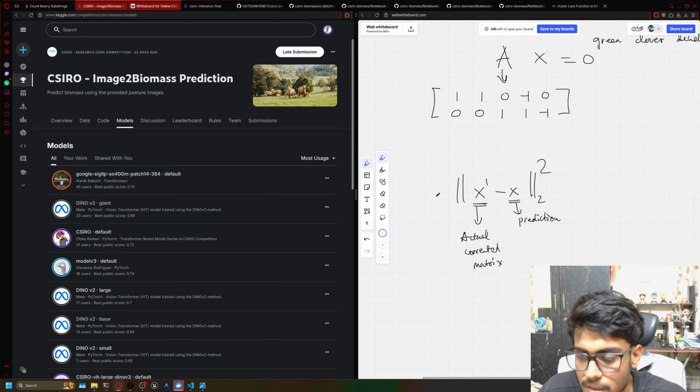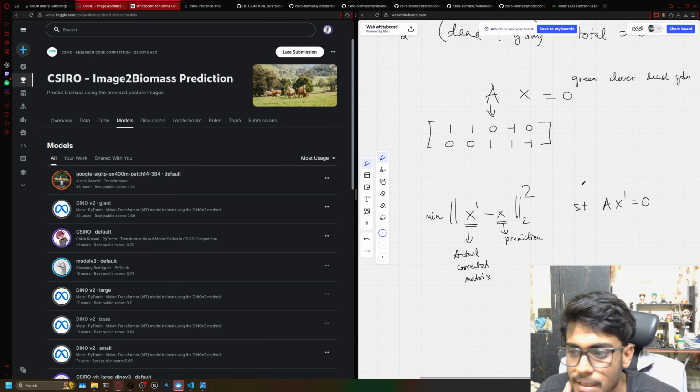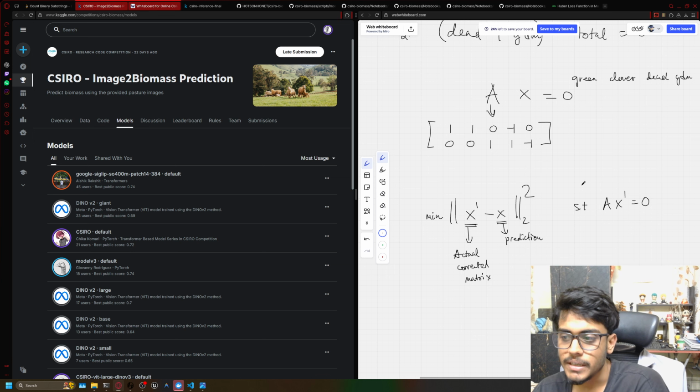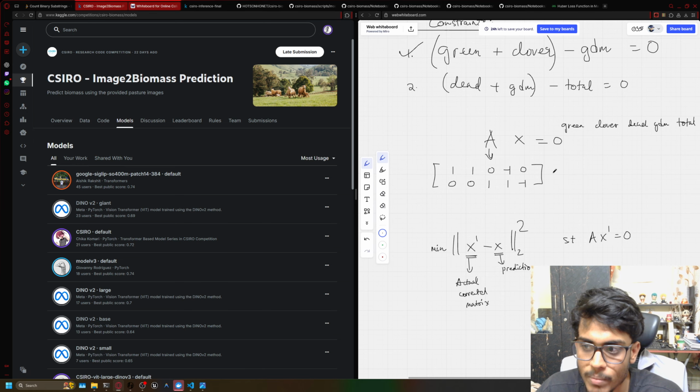If I can find this x dash such that x dash minus my x should be minimum, and such that A x dash should be 0, then I can project my prediction into such a space such that I will satisfy my biomass constraints.